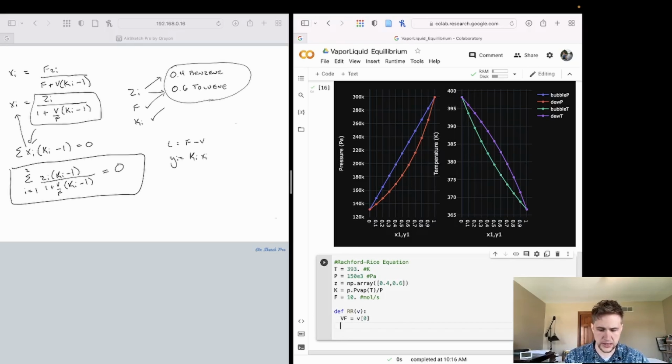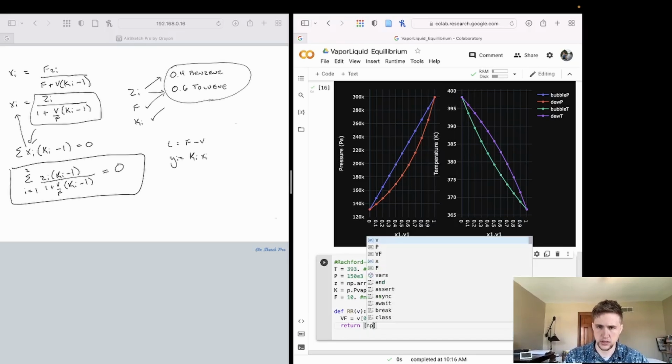So that's what we're doing there. And so we want to return, what are we returning? We're returning this right here, the sum of this, and we want that to equal 0.